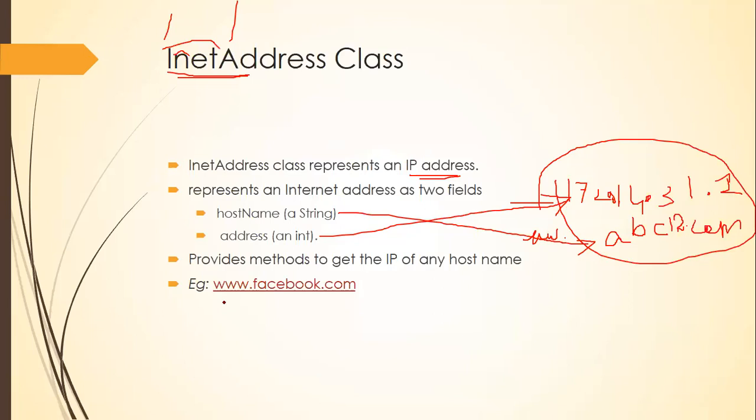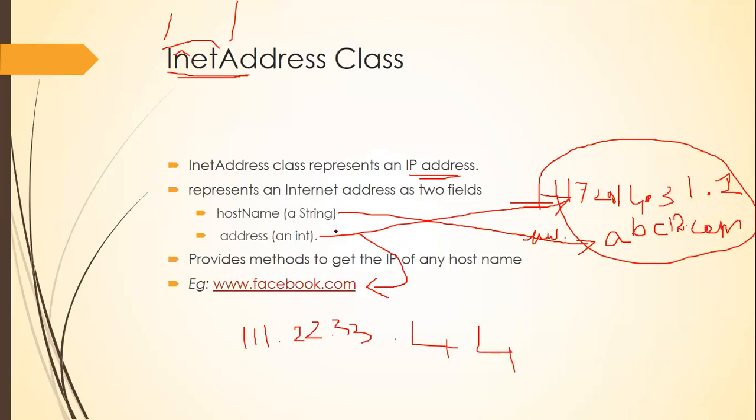Okay. Now, for example, if you have something like www.facebook.com, facebook.com is the address. And this particular facebook.com would be hosted at something like, I'll just go random, 111.22.33.44.